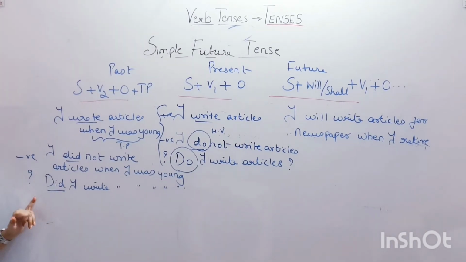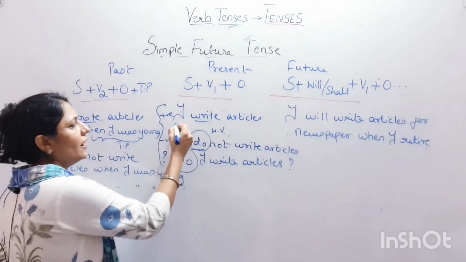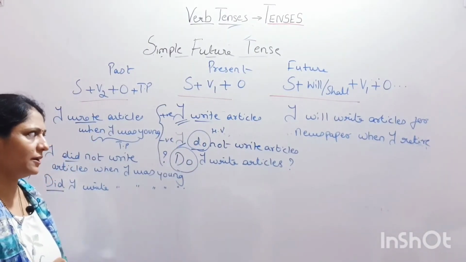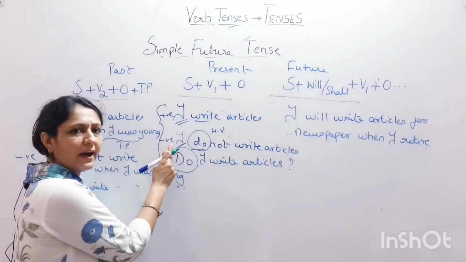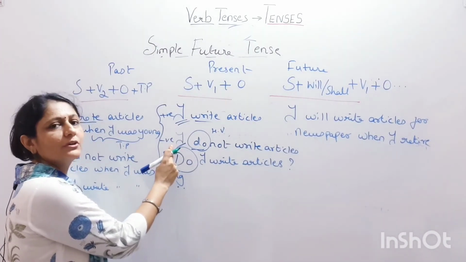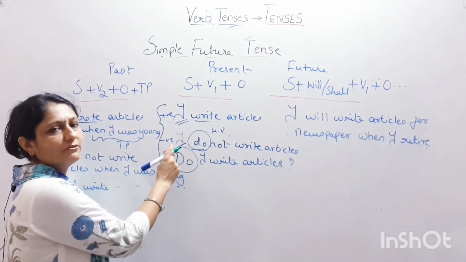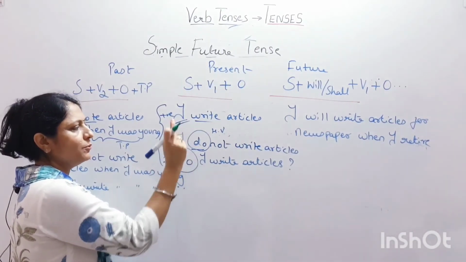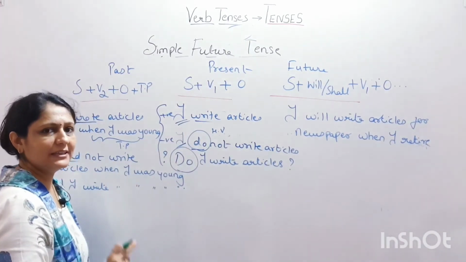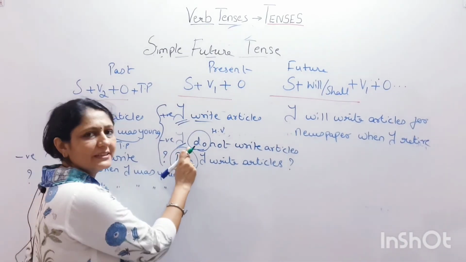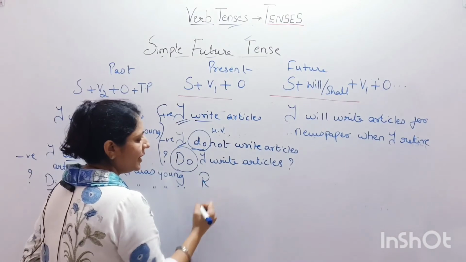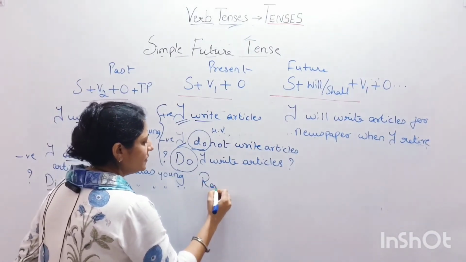One more point to tell you, here I was the first person subject over here, or as I had explained in my last video, that I comes in the group of plural subject. Hence it follows the rule of plural subject, which says when a subject is plural, it takes plural verb, and when a subject is singular, it takes singular verb. So I is considered as plural subject, it takes do. But suppose if I would have taken here word Ravi.